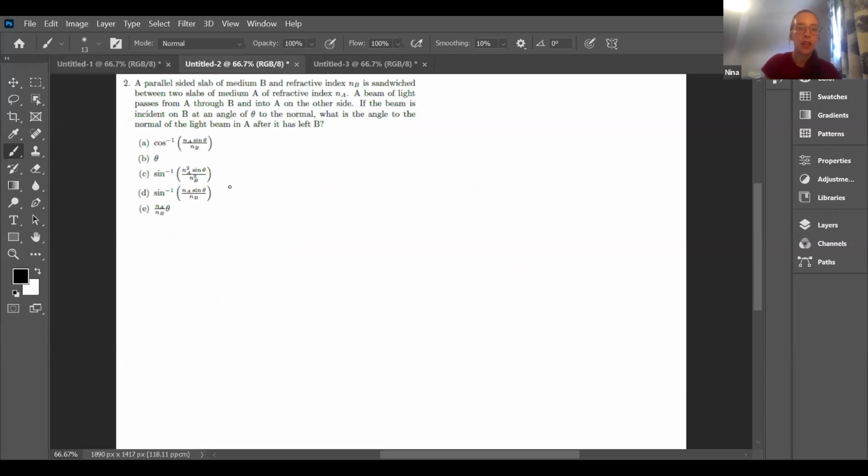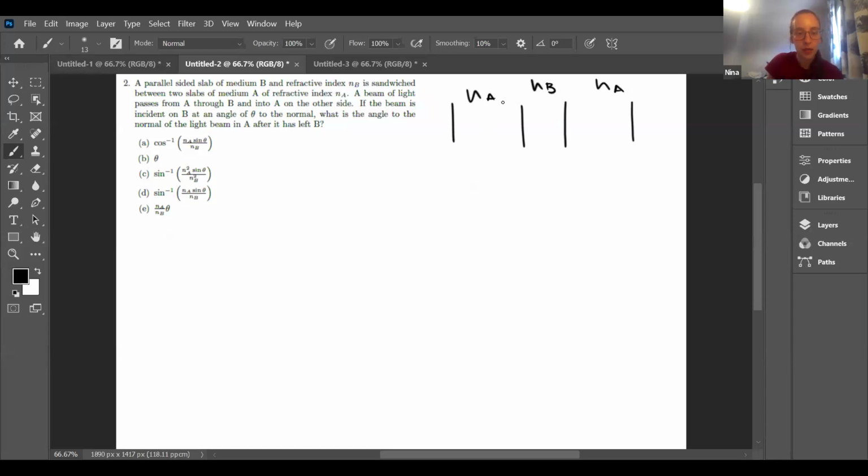Okay. So question 2, we have a parallel-sided slab of medium B. So again, draw diagrams. It's very useful, even if you can kind of imagine the answer. Please make sure you don't make mistakes because you haven't visualized the problem. With refractive index NB, it is sandwiched between two slabs of medium NA on each side.